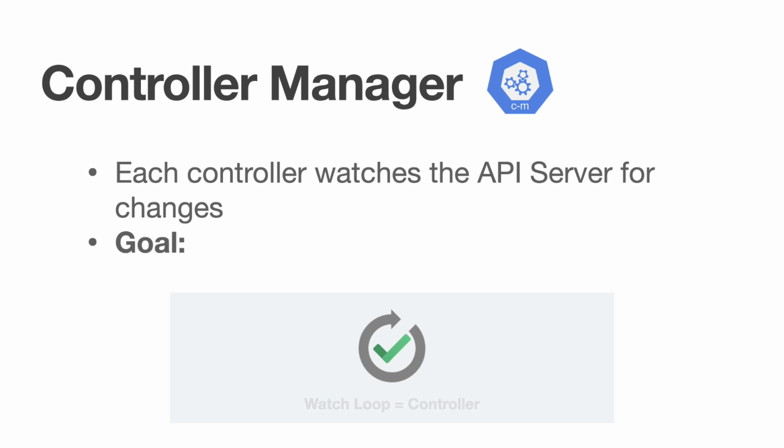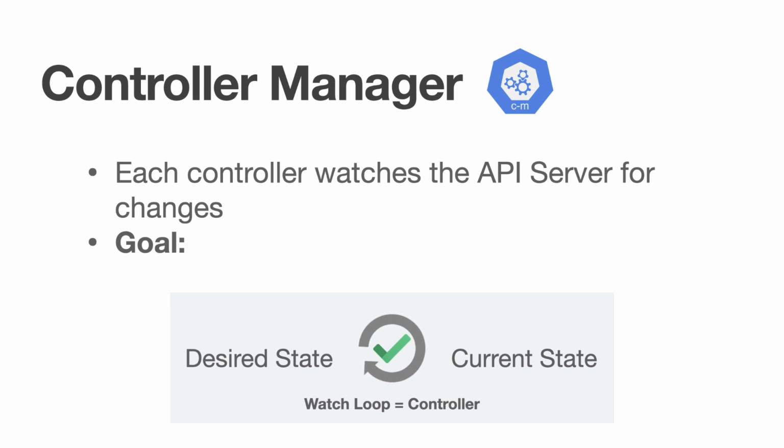The goal is to watch for any changes that do not match our desired state. So we have a desired state and we have the current state. If the desired state doesn't match the current state, then the appropriate controller kicks in to try and match the desired state. So a controller is simply a watch loop.